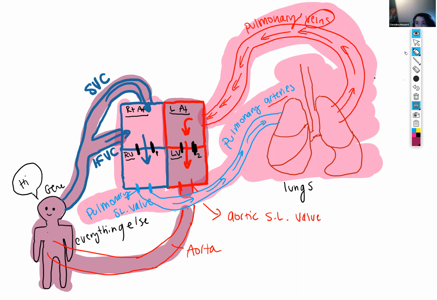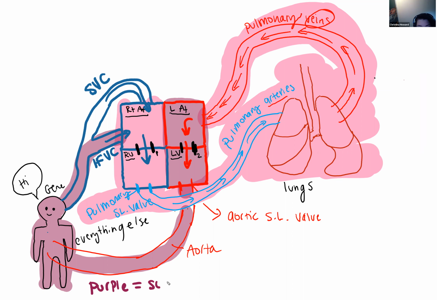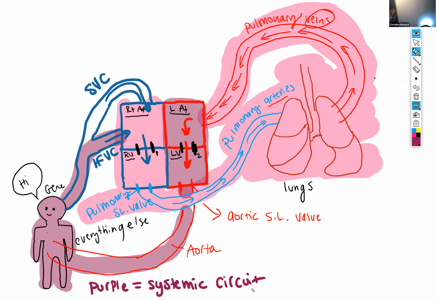So systemic circuit is between the peripheral organs and tissues and the heart.